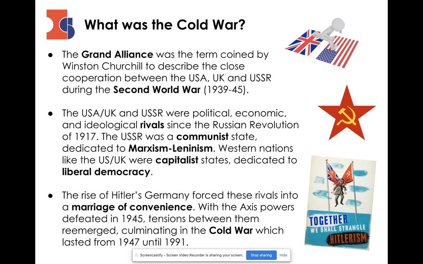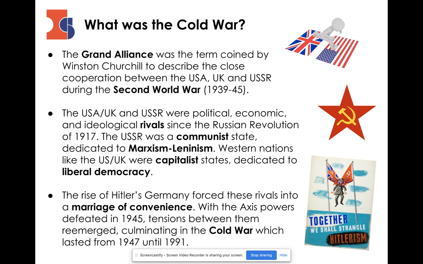The USSR was a communist state, dedicated to the principles of Marxism-Leninism, whereas Western nations in Europe and North America were what we call capitalist states, and to varying degrees, they had a form of democracy. America and the UK were what we call liberal democracies. They believed in the importance of individual rights and human rights.